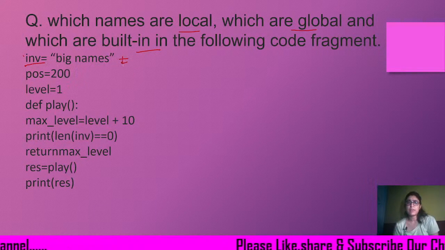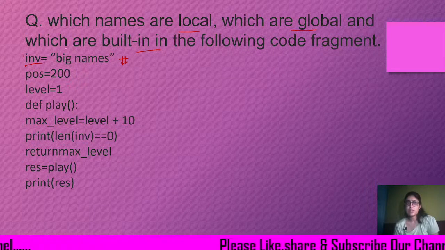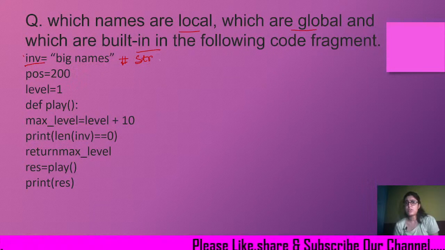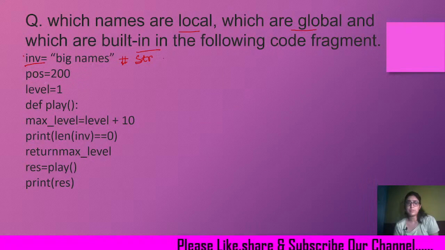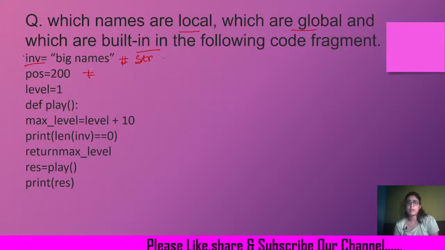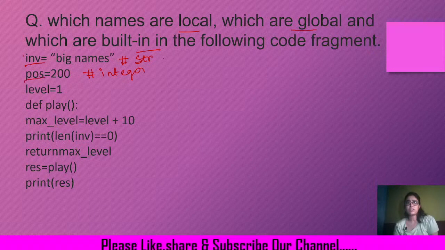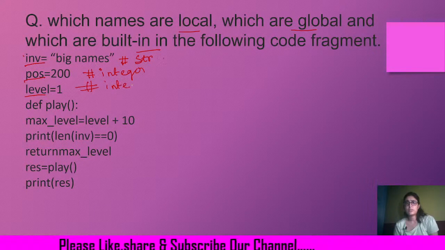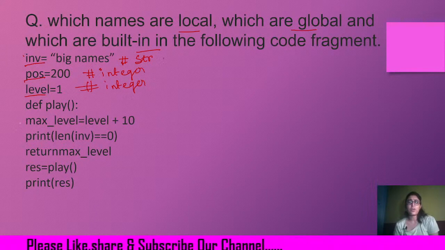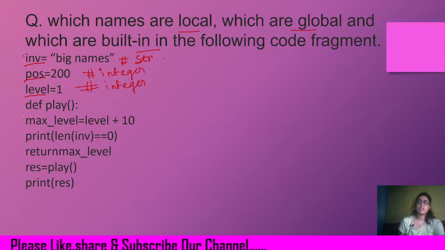This is a str, or string type of variable. pos equals to 200 is an integer. level equals to 1 is also an integer.